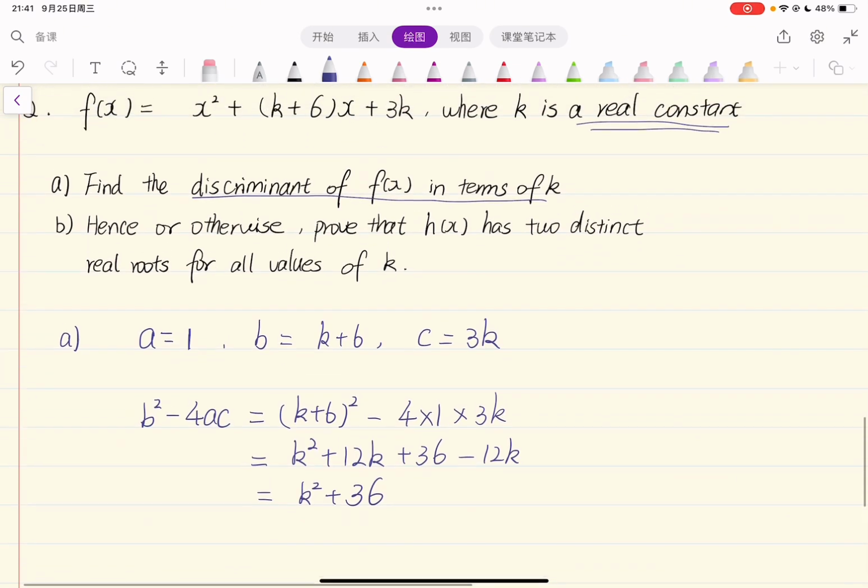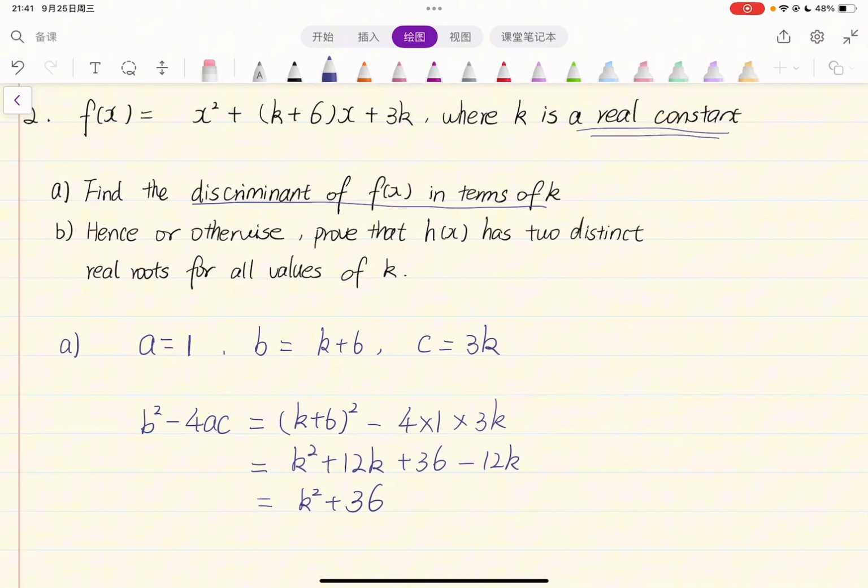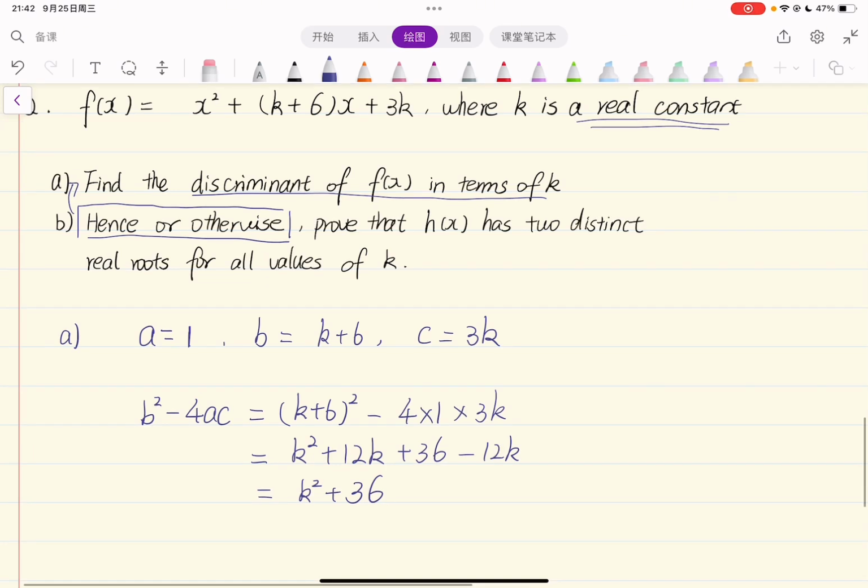And for part B, hence or otherwise. When you see hence or otherwise in the exam, it means you can use the previous answer, the answer from the previous question. And it asks you to prove that f(x) has two distinct real roots for all values of k.